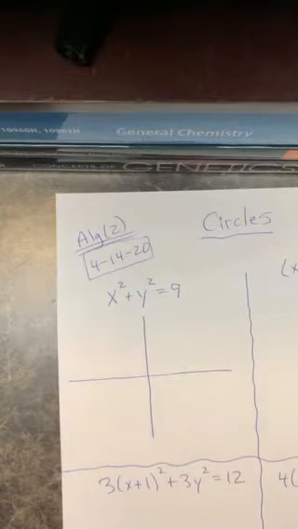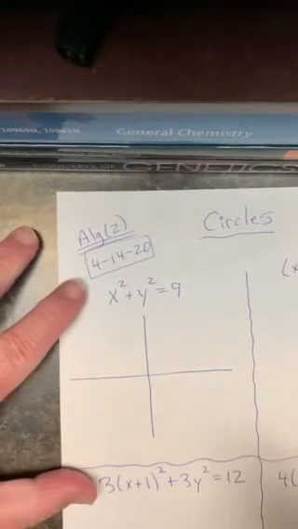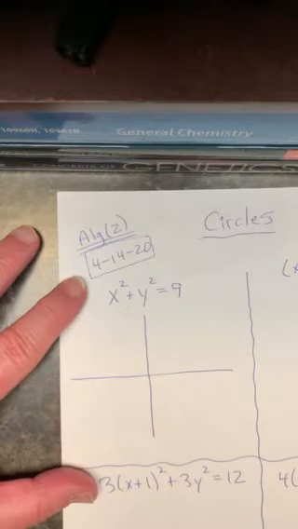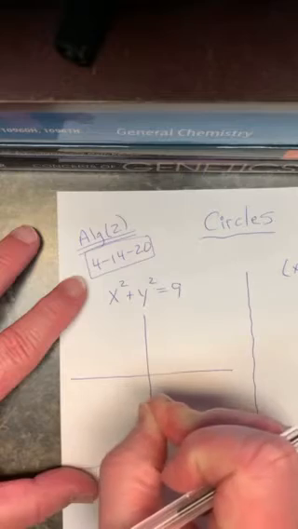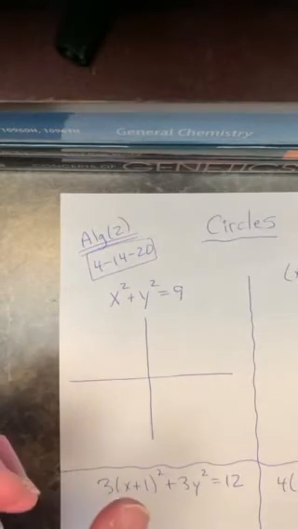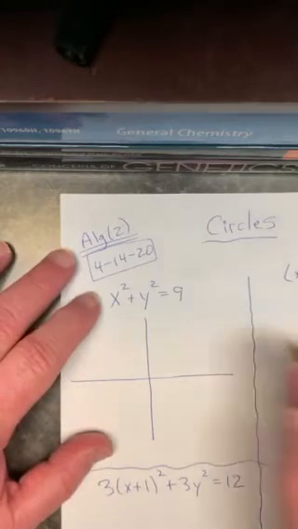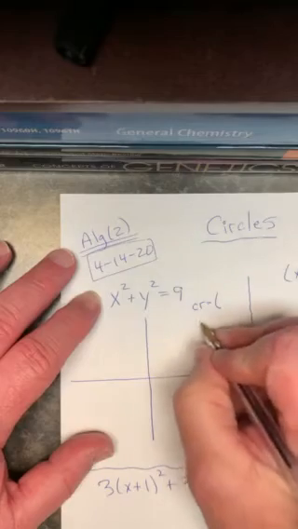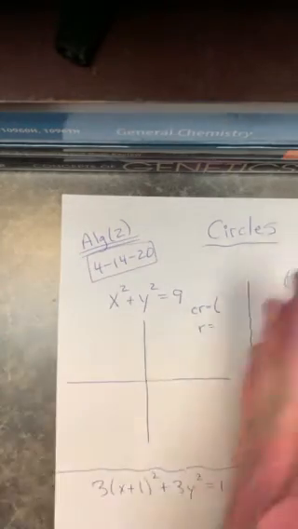Well, wouldn't you need to know 2 things? Think about it. I would need to know where the center of my circle is. And then once I know where the center is, wouldn't I need to know how big to make it by knowing its radius? So guys, put C for center and put R for radius kind of off to the side here.